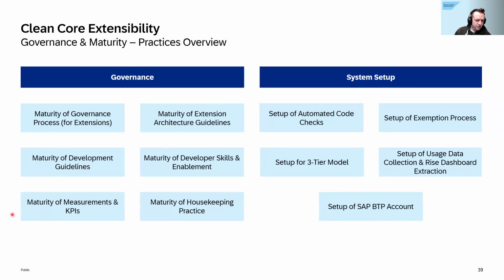I want to focus today on the governance itself, because the system setup, like have you set up automated code checks with ATC, exemption process, the 3-tier model, or now we would say maybe ABAP Cloud setup. Have we set up the RISE data collection for the RISE dashboard, and the BTP account setup? That's also important. It reflects the maturity of how well you're set up. But I want to focus on the left-hand side, because from my perspective, that's even more important.